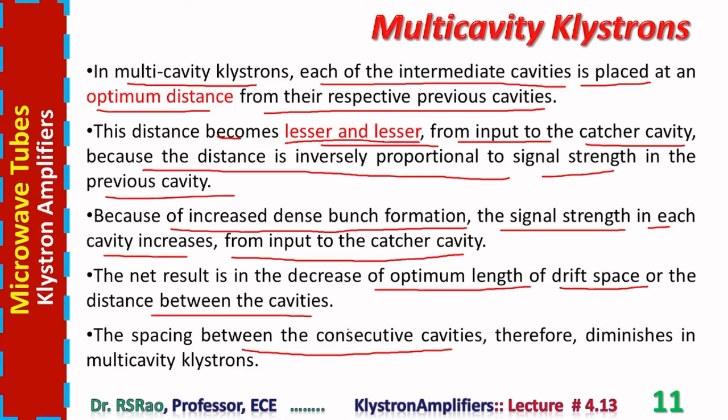When bunches are thin and highly dense, they are able to transfer more power to the output cavity. First point. Second point, the distance between cavities diminishes as we move from input cavity to output cavity in multi-cavity Klystrons.